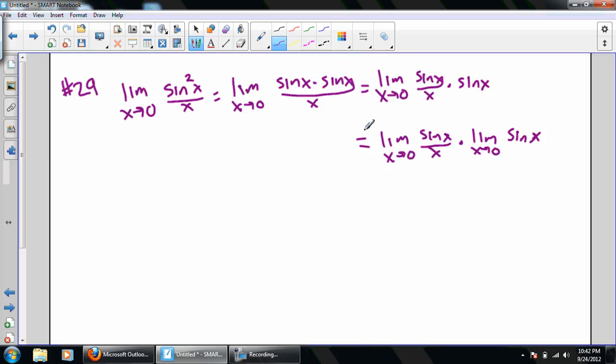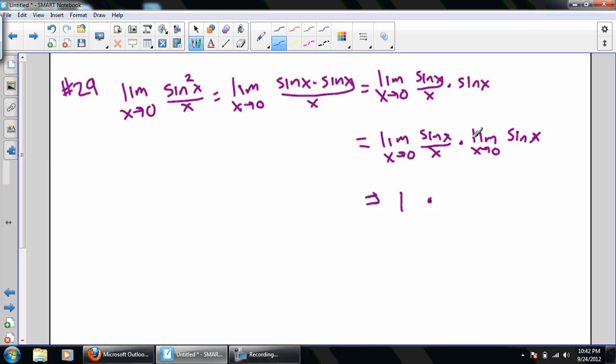Again, we've already done the work for this. We already did this in class, it's already in your textbook. The limit as x approaches 0 of the sine of x over x is equal to 1. So that's the easy part.